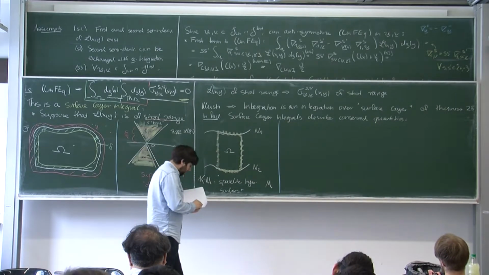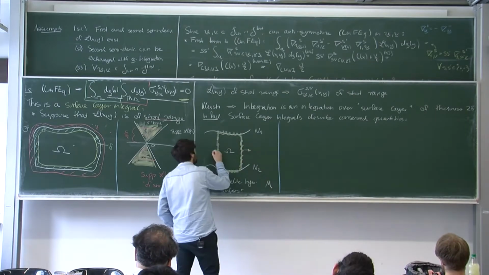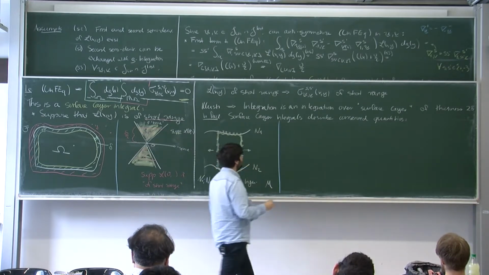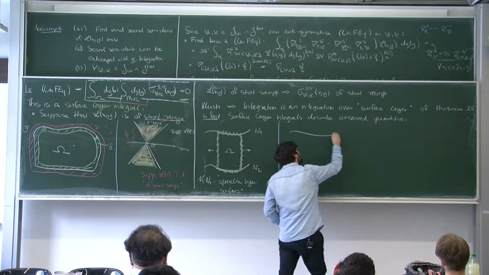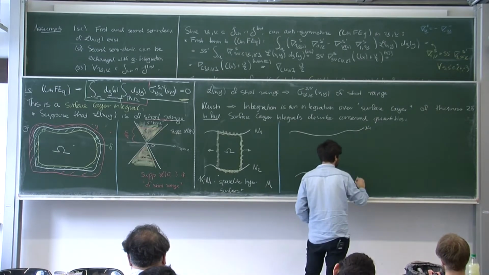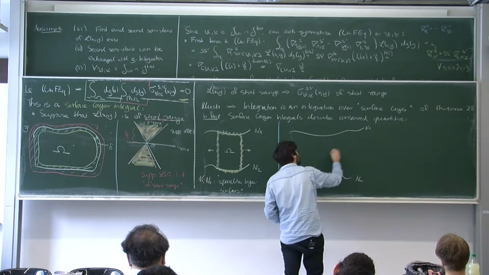And what we can do now is take those two lines here and send them further out to infinity. So for example, in the next picture, we would already have here N1 and N2. And we would still have the omega, but now the omega is larger, okay?